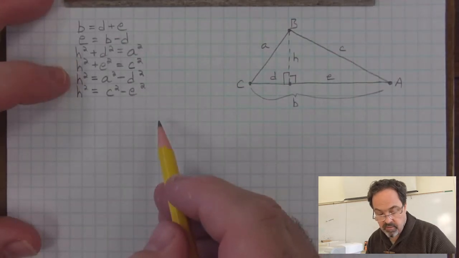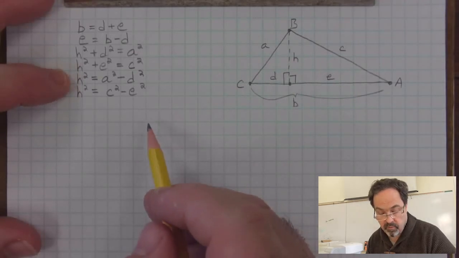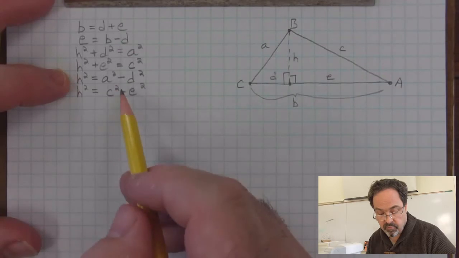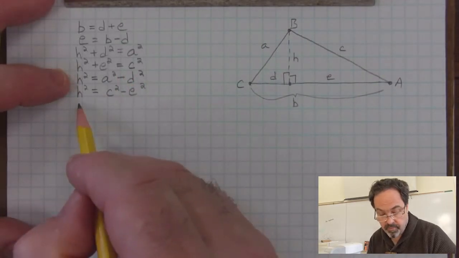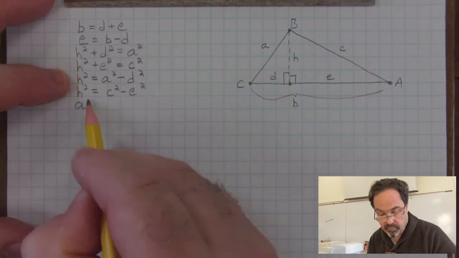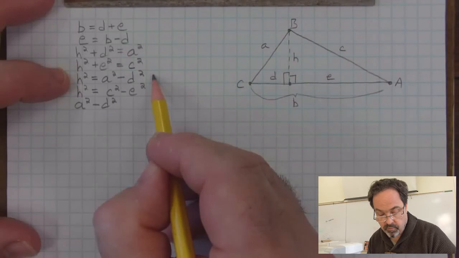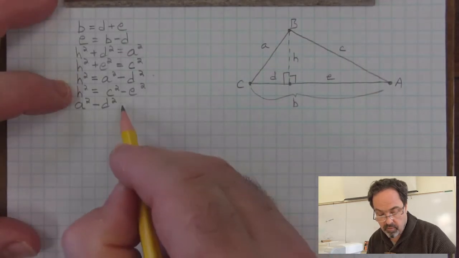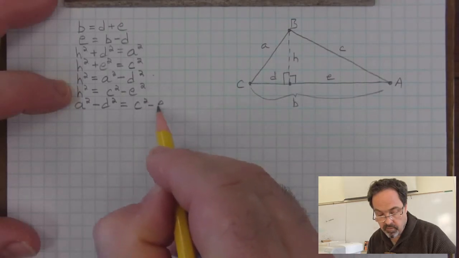Since these two new equations are both solved for h squared, their expressions are equal to each other, which allows me to bring them together: a squared minus d squared, that's the first one, and then substituting in for h squared, this is equal to c squared minus e squared.